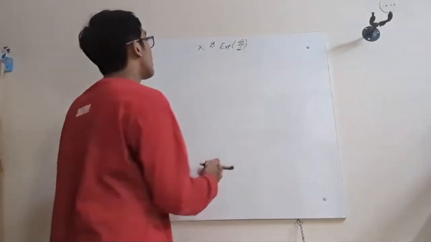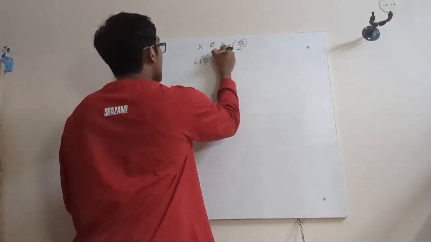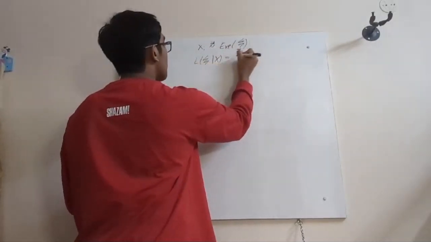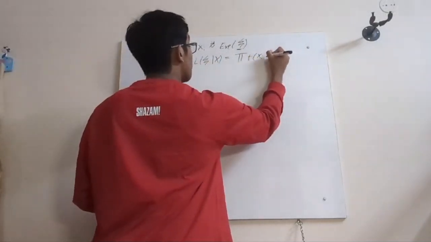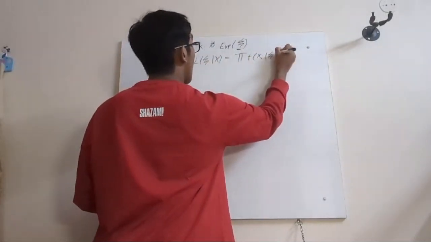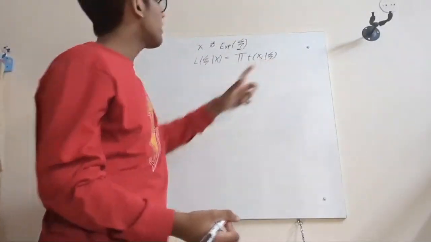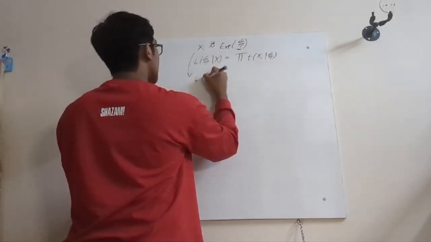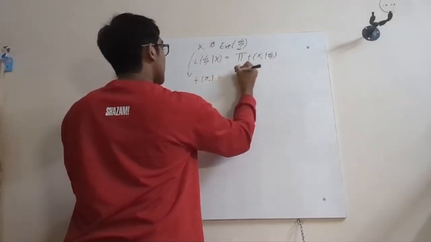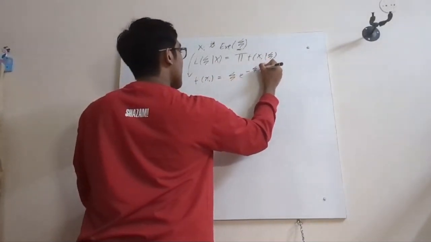So now you might recall that the likelihood function of lambda given the value of x is basically just the product of all the distribution function of xi's given lambda, right? And now we know that this is basically lambda e to the power minus lambda xi.